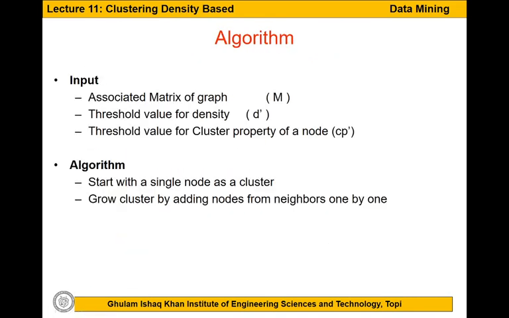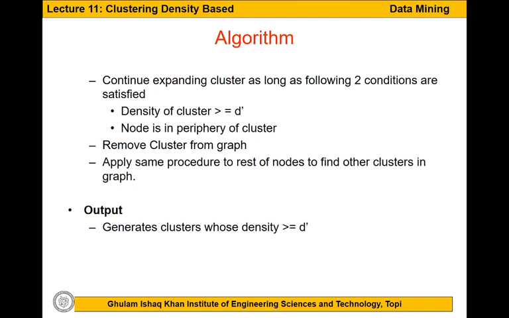So this will be required for the density based clustering as well. And then there is another density which is Cp dash. Its value also ranges between 0 and 1, but this is required while making the clusters, right? So when we go to that particular step, I'll be explaining the utility of this particular terminology, right?